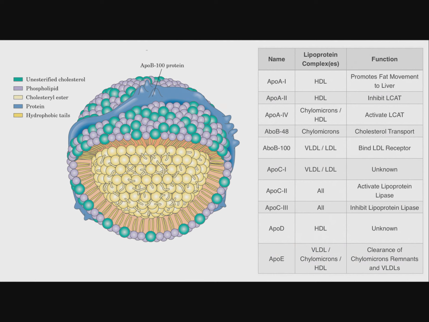Okay, so let's switch gears. Let's talk about transport. So the cholesterol that's synthesized in the liver and the dietary cholesterol and lipids that we get from the large intestine, through absorption, need to be transported throughout the bloodstream to different tissues. And so there's a problem. Hydrophobic and water don't really mix.